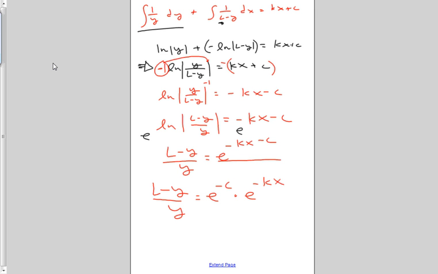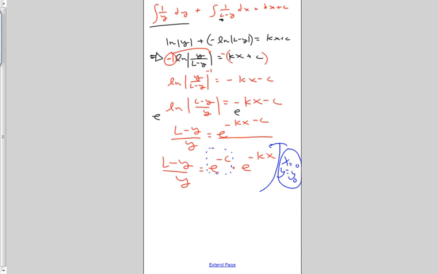Doing a little bit of math, which we're going to skip for time being, when x equals 0, y must be its initial amount. If I plug these givens in here, we can find the value of this constant, and that equals L minus y naught over y naught, times e to the negative kx.